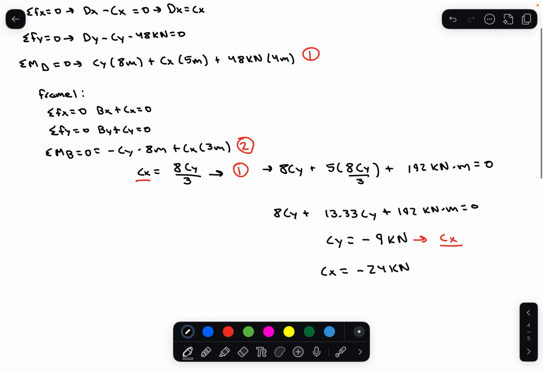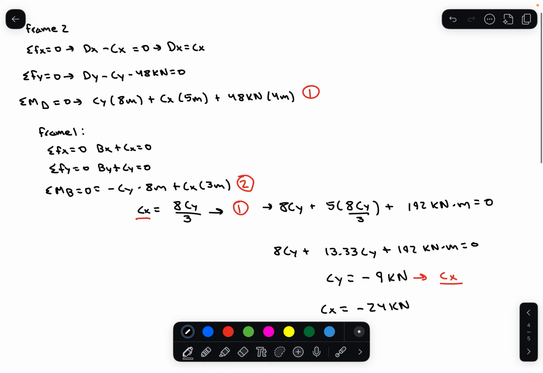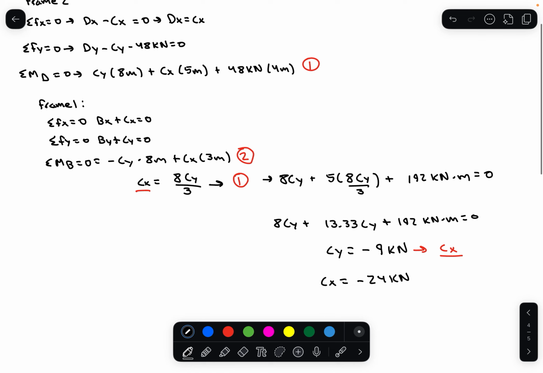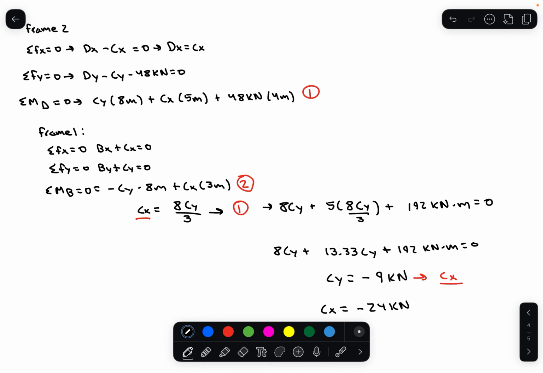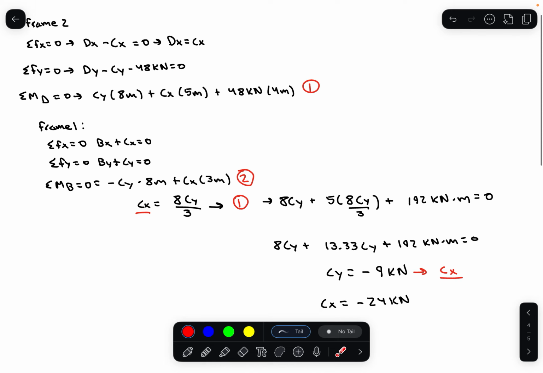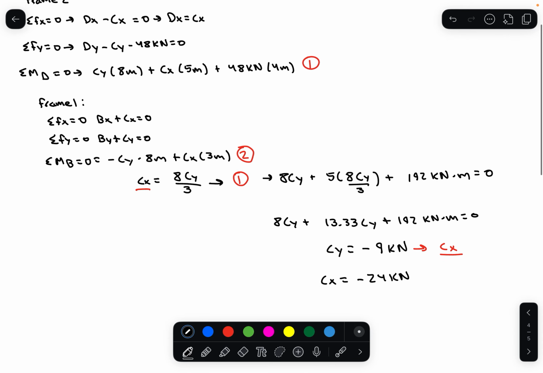Right? Okay. And now, because we're interested in the reaction forces at point D, our lives are made very simple. If you look at this equation up here, we have Dx is equal to Cx, and then Dy minus Cy minus 48 is equal to 0. So let's use those and solve.